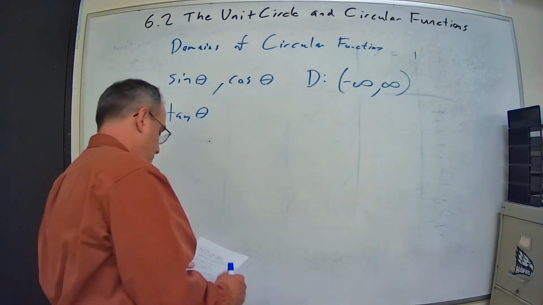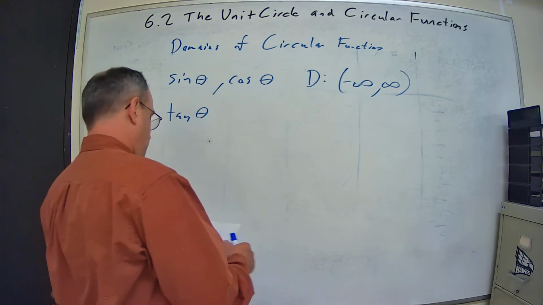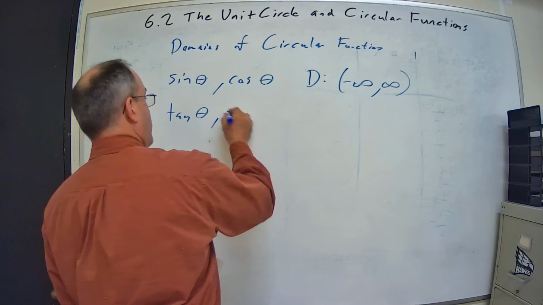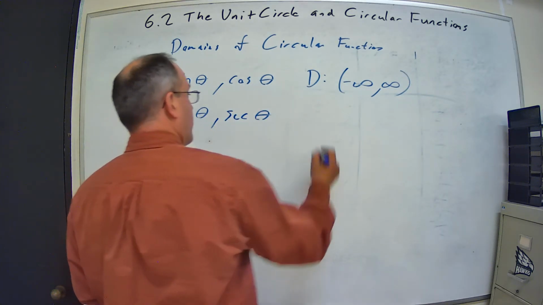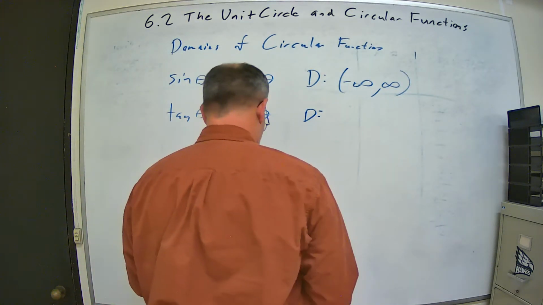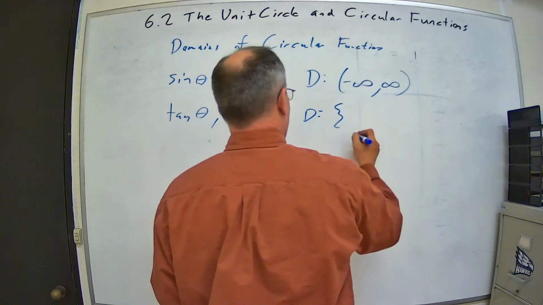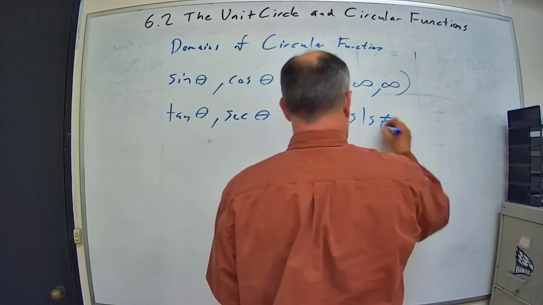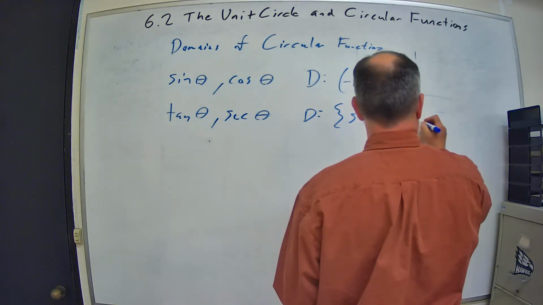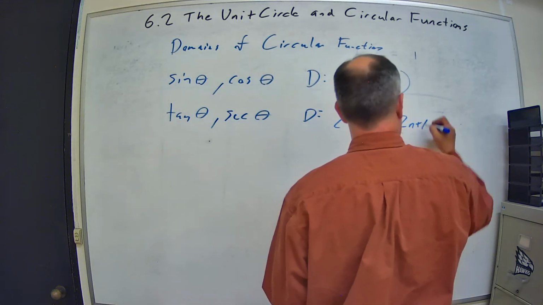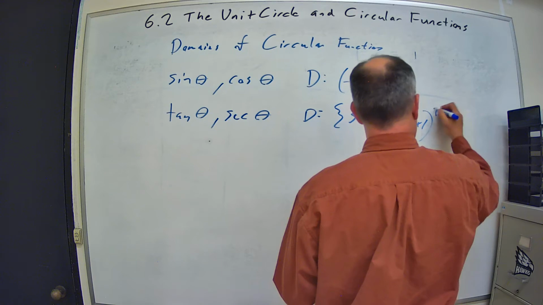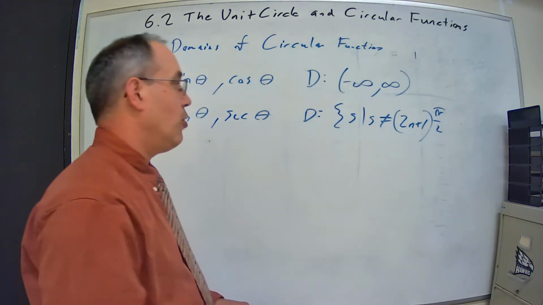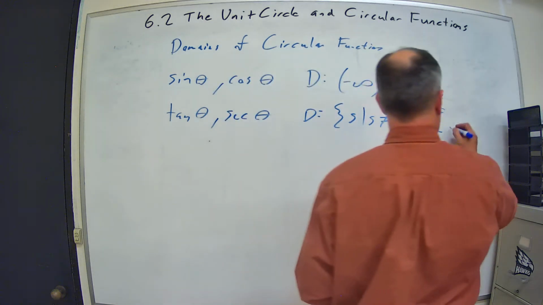So basically, we can say that for tangent, and the same thing happens for secant, the domain is all s such that s is not equal to 2n plus 1 times pi over 2, where n is any integer.